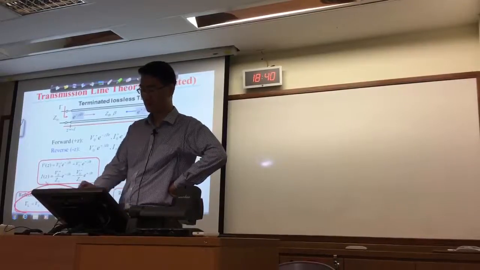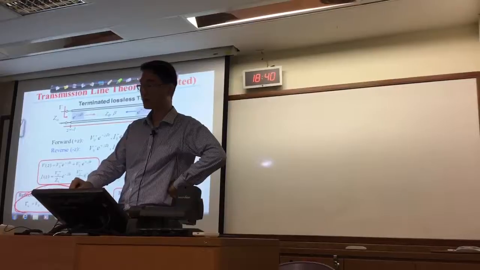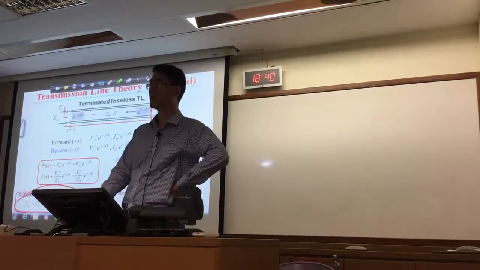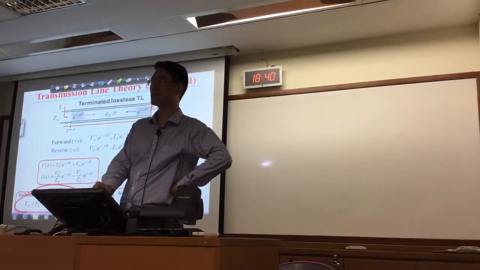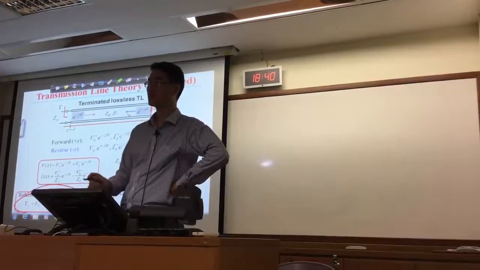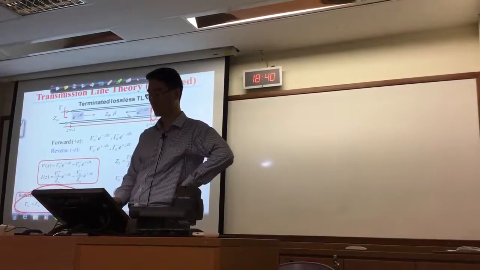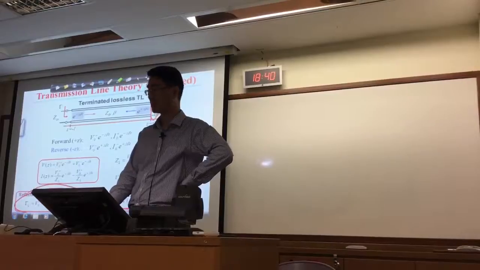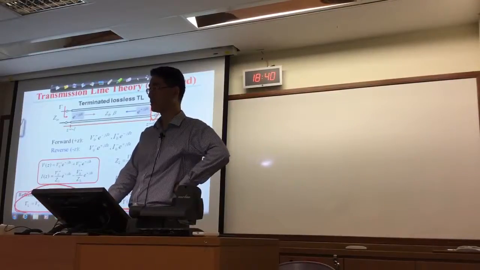This is the so-called reflection coefficient at the load. The reflection coefficient at any location along the transmission line is a complex number, defined by this equation.